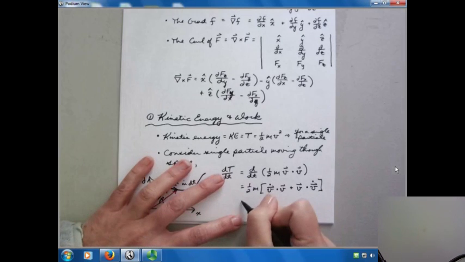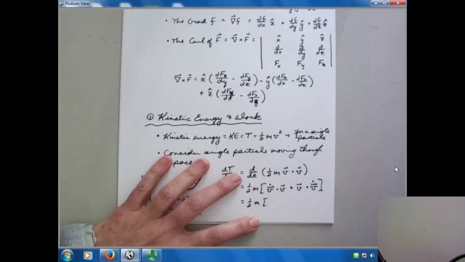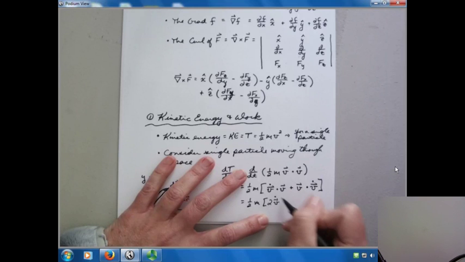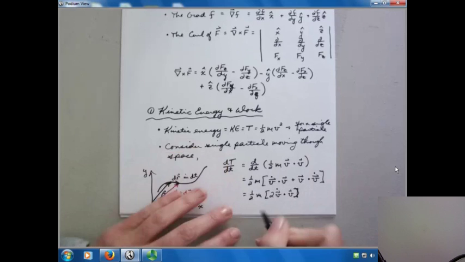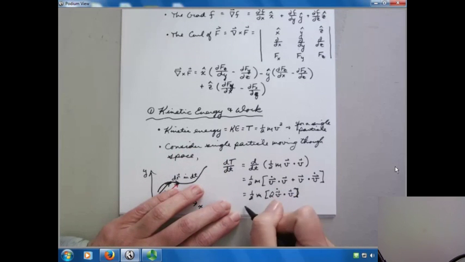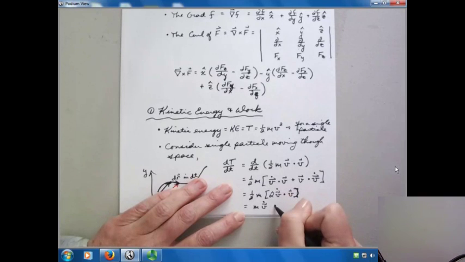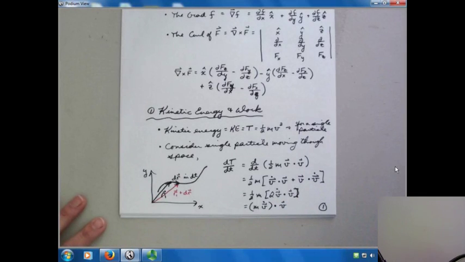And so I wind up with 1/2 m times 2 v dot dotted with v. So my 1/2 and my 2 will cancel, and I get m v dot dotted with v. And this m v dot is interesting to me because I know from Newton's second law that that's the net force that's being applied to my particle.